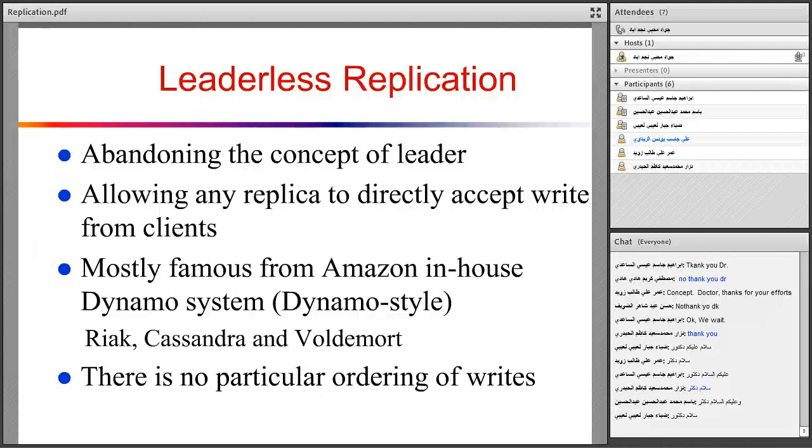Is there any candidate to translate my English to Arabic?